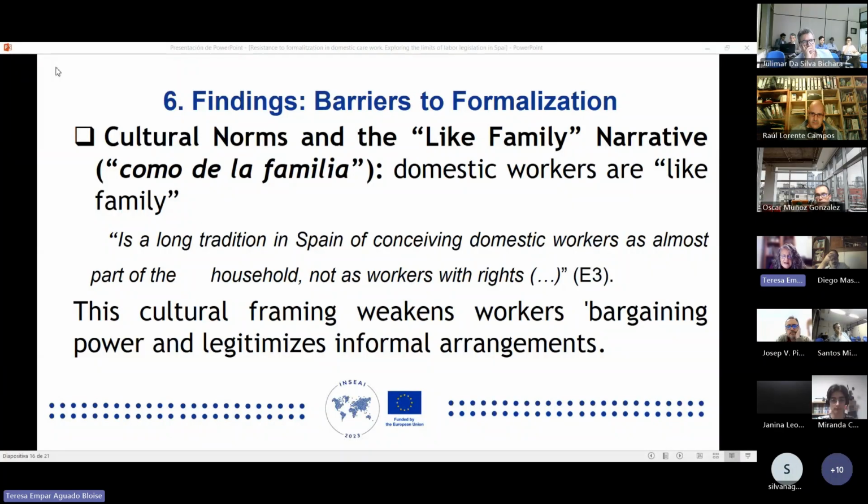Additionally, occupational injuries suffered during domestic work are often recorded as domestic accidents rather than work-related ones. This prevents rights from being activated. Workers fear retaliation or even denunciation if they report abuse, especially when they lack legal status.